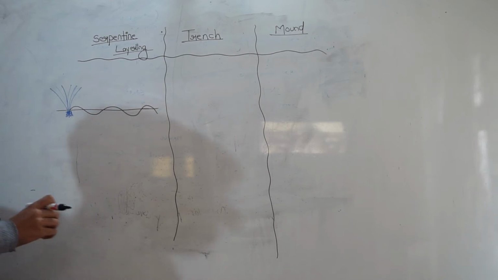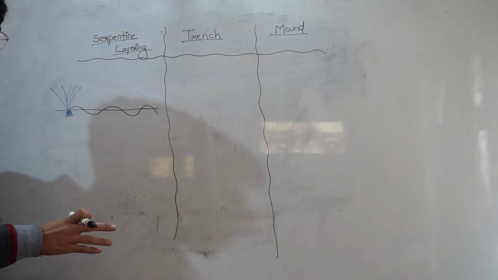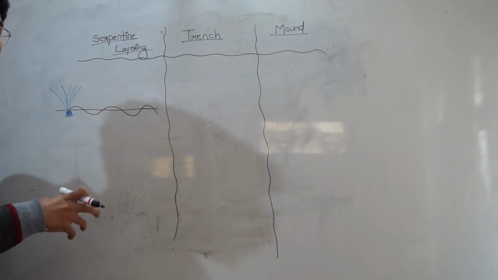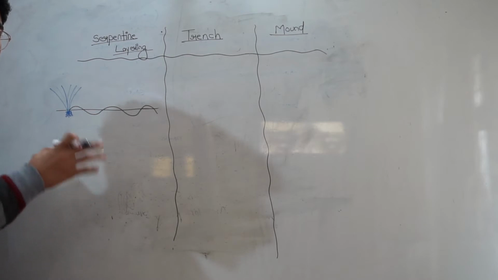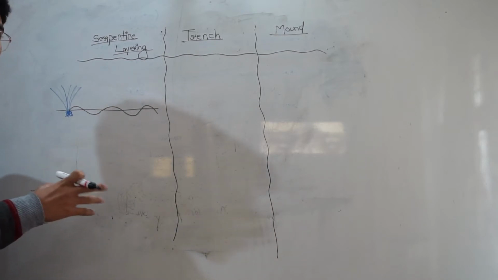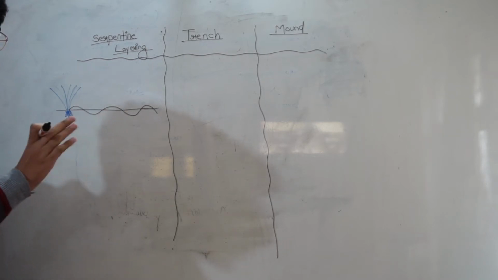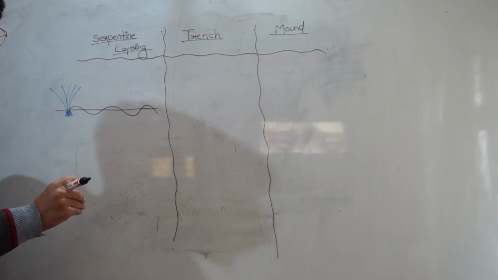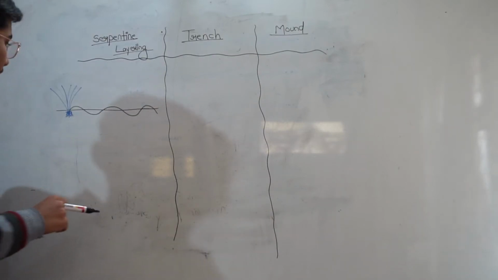So as I discussed in the previous lecture, when we perform a cut, the plant's production of the growth hormone auxin is reduced. Yes, the amount of auxin after the cut is performed will be lesser than before cutting.